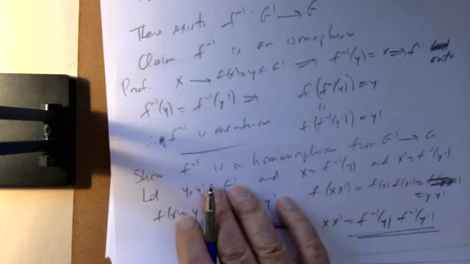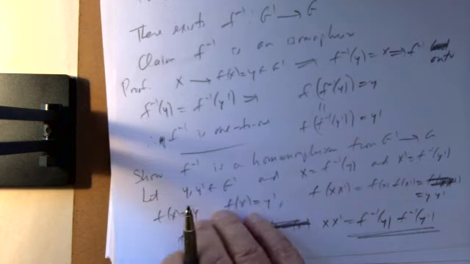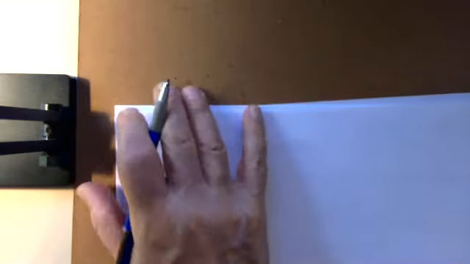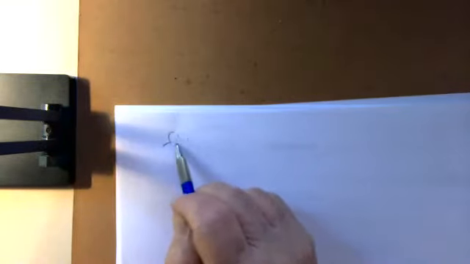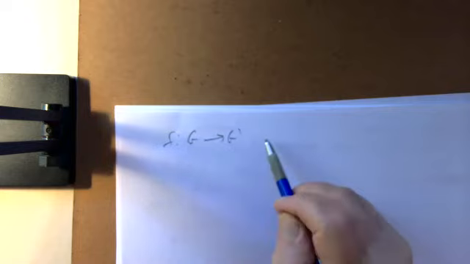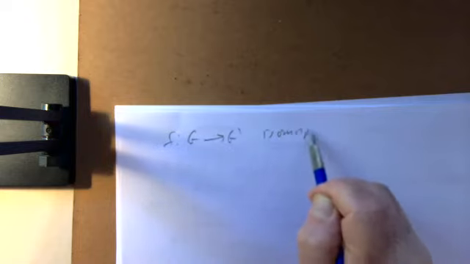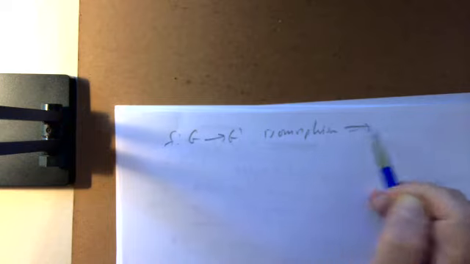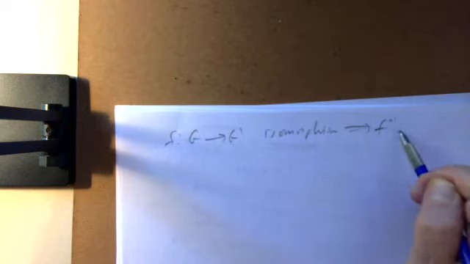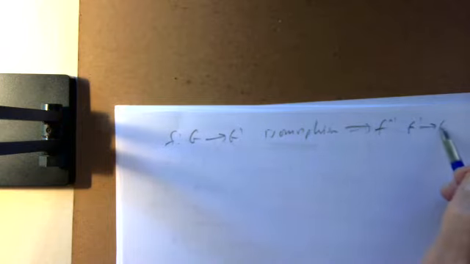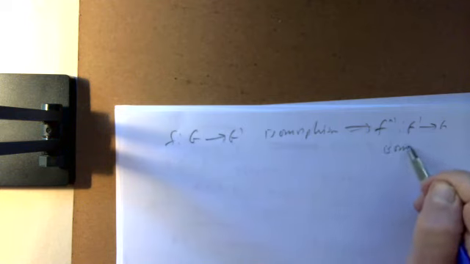So this is really an important fact. If f from G to G prime is an isomorphism, then f inverse from G prime back to G is also an isomorphism.